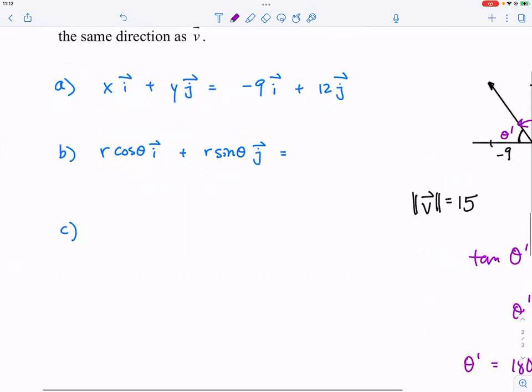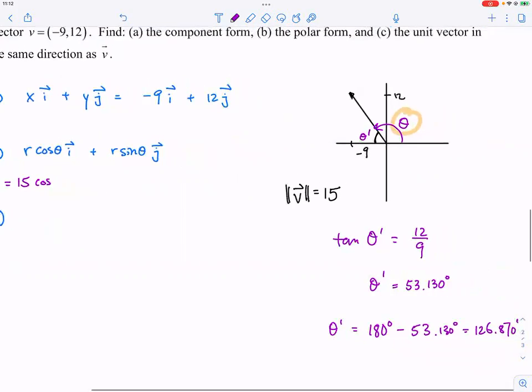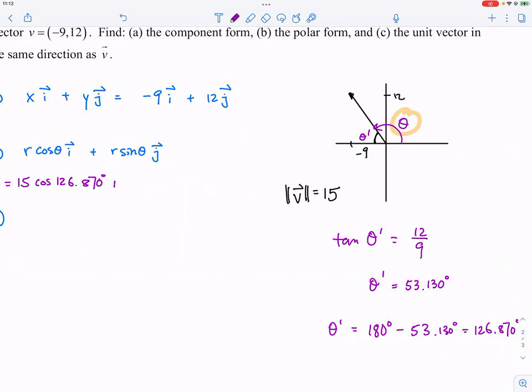So with r and theta, r is your 15, and your theta is 126.870 degrees. So 15 times cosine of 126.870 degrees i, don't forget the i, okay? Plus 15 times sine of 126.870 degrees j.